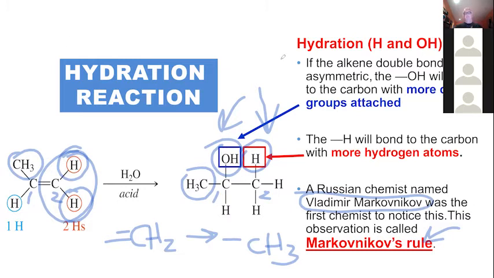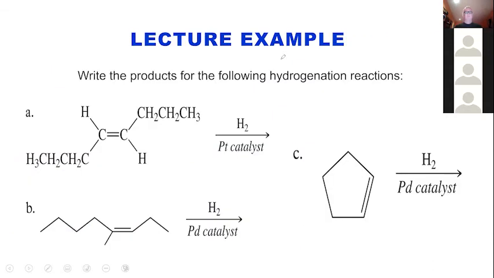All right, let's see if you remember them. Let's have a look at some of these. Now, these are hydrogenation reactions. So we don't really have to worry about Markovnikov with this. So what is this going to look like after hydrogenation?